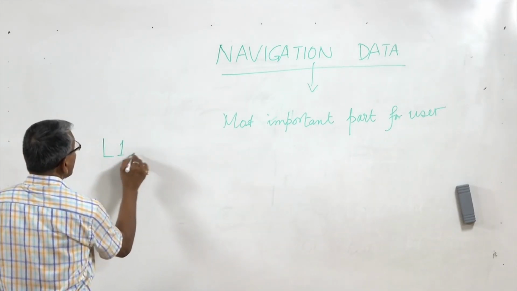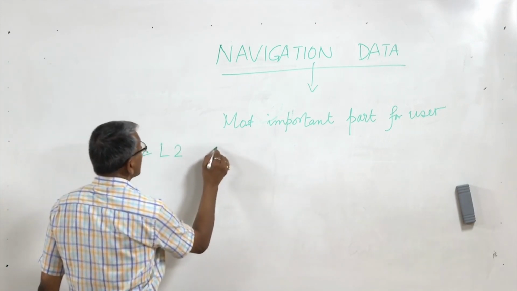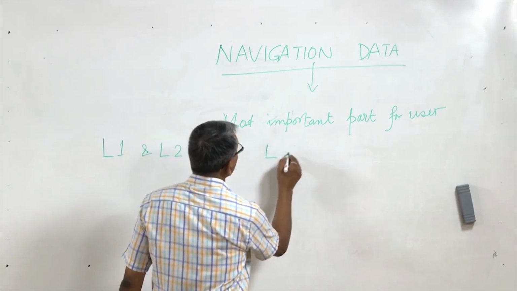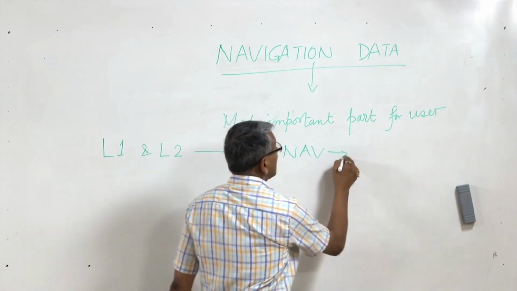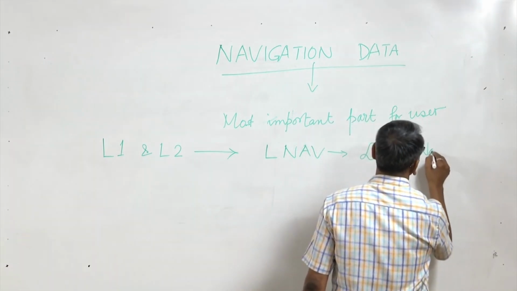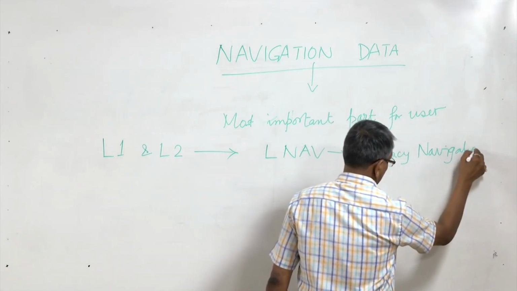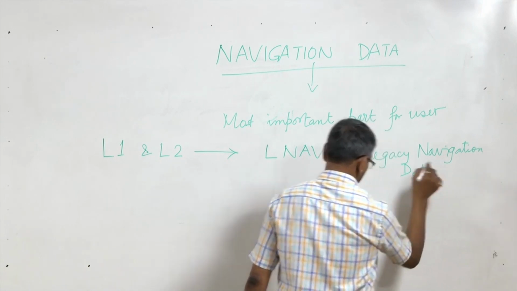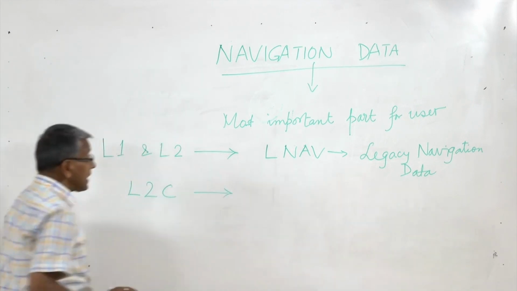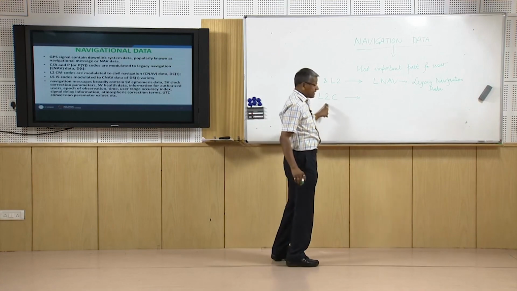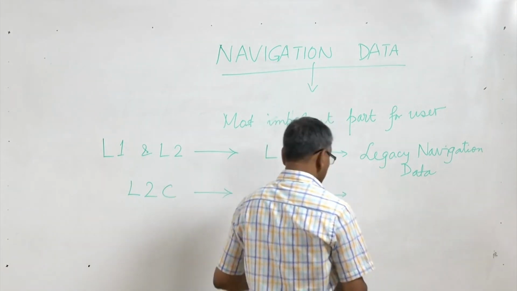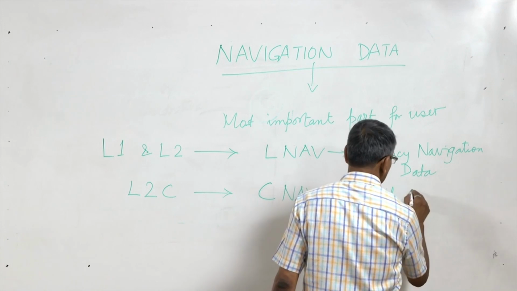For L1 and L2 signals, this navigational data is of a variety known as LNAV, that means legacy navigational data, whereas the navigational data that is available with the civil signal L2C is CNAV, so it is called civil navigational data.